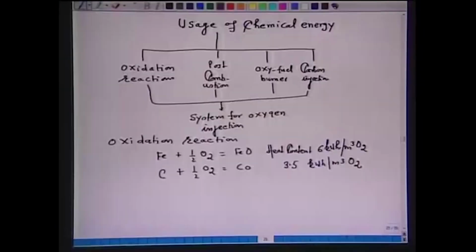Now, for the carbon reaction to proceed, where carbon is in the bath, how will the reaction proceed? You have to allow oxygen to penetrate deep into the bath. That means the condition for carbon oxidation to proceed is deep penetration of oxygen in the bath.